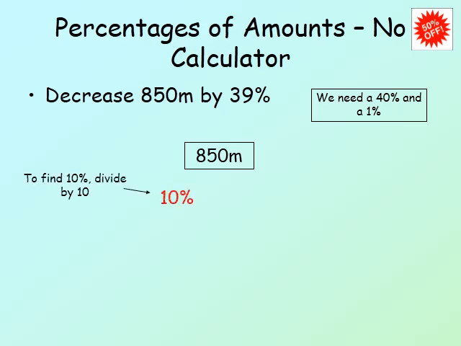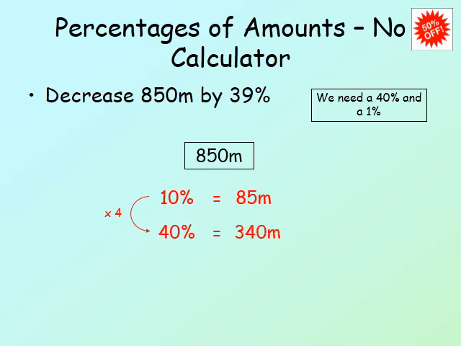So 10% of 850 is 85. We need to times that by 4 to get 40%, and that is 340.